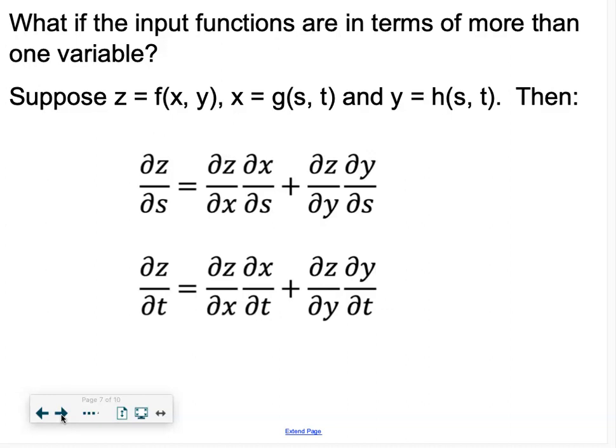You're going to have a rate of z with respect to s, and a rate of z with respect to t. So you do each one separately. It's partial z partial x times dx ds plus partial z partial y dy ds. Again, these have to be partials too because there are multiple variables inside of the variables. Once you get into multiples of multiples, it's all partials. And you can expand to more than 2 variables, which we're going to do in the next problem.